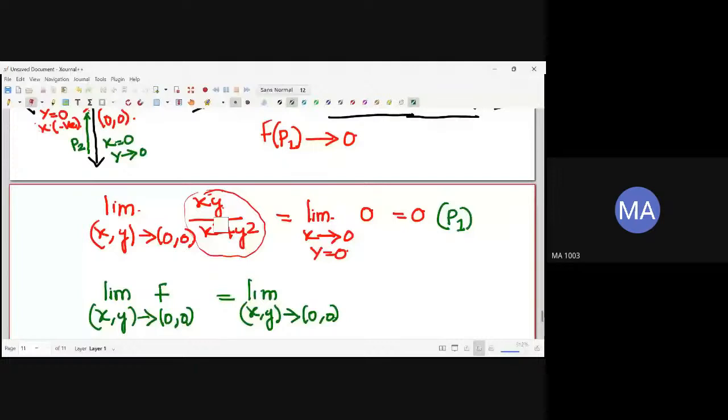As I said, these are not the only paths through which I can come to 0. There are infinitely many paths.